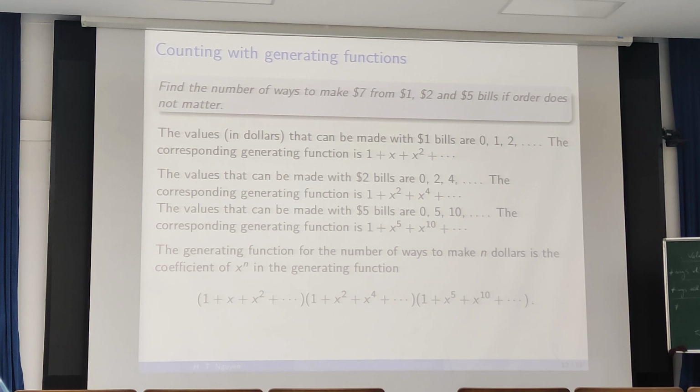In fact these series are infinite, but if we are interested in only x to the power 7, we can cut off these sums at the powers smaller than or equal to 7. And if you do the calculation, you will find that the coefficient of x to the power 7 here is 6.